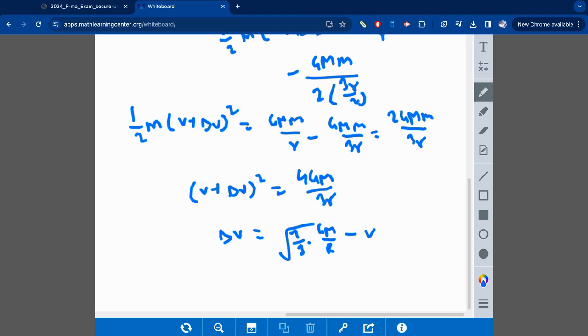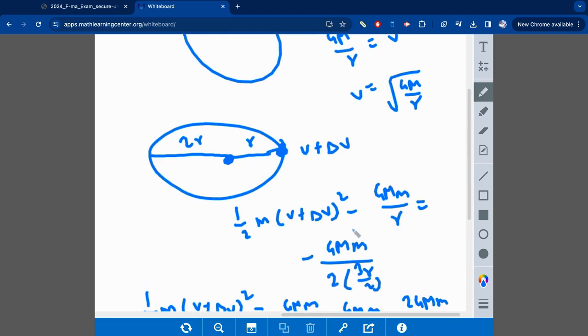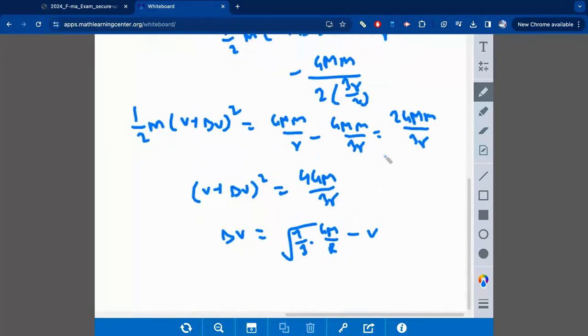Since we know that v again is root GM over r, it's just root 4 over 3 minus 1, times root GM over r, if we factor out the root GM over r.